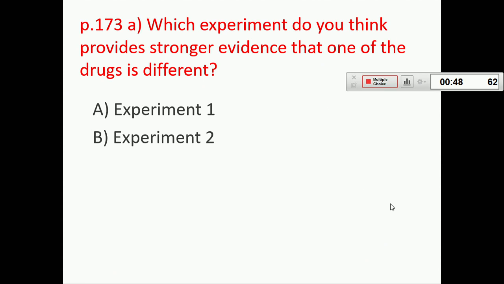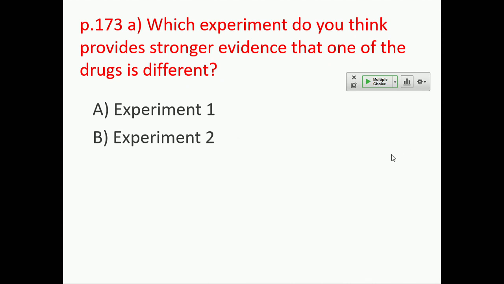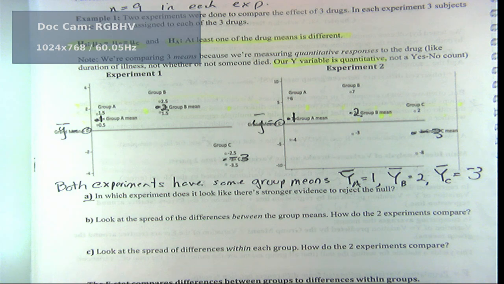Okay, so everybody had a chance to pick? All right, so let's see what you chose. Good. Most people thought experiment 1. And I would agree. Let's look at why. Let's go to the document camera.